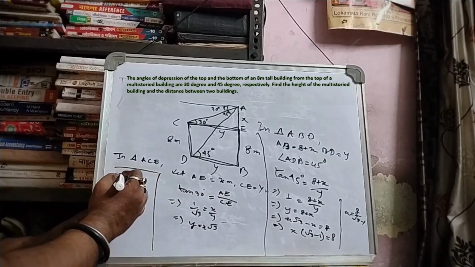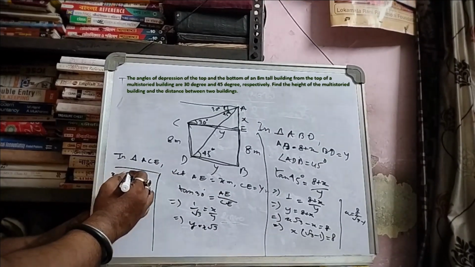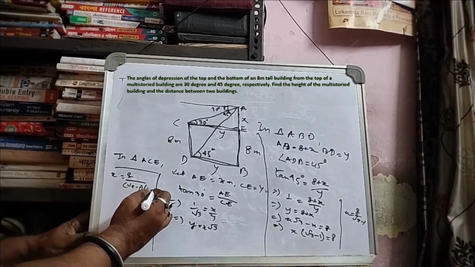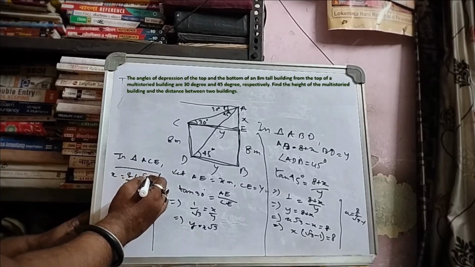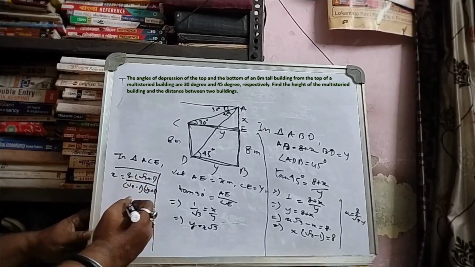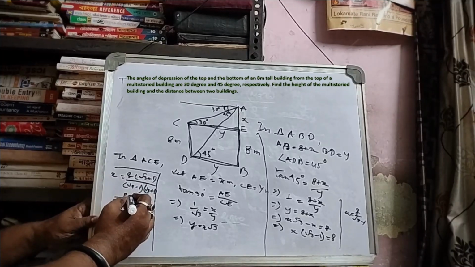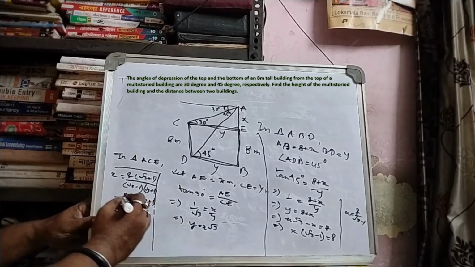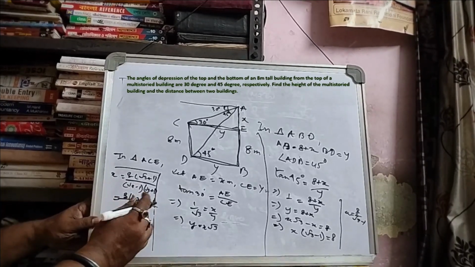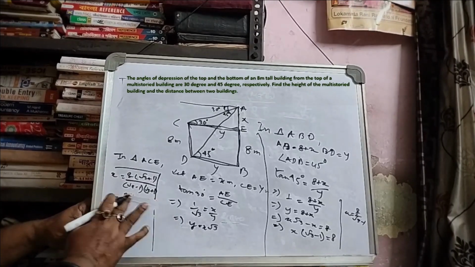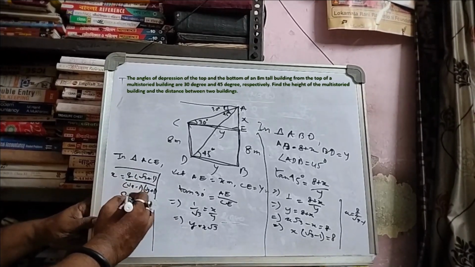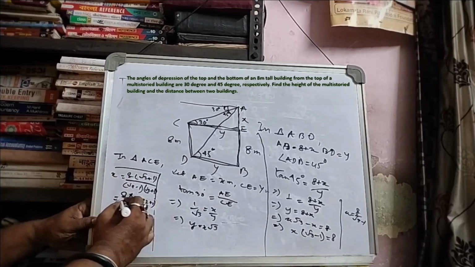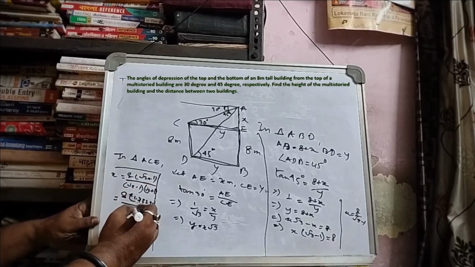Rationalize it by multiplying with root 3 plus 1, the same value but opposite in sign. 8 into 1.732 plus 1, divided by root 3 squared, 3, minus 1 squared, 1.